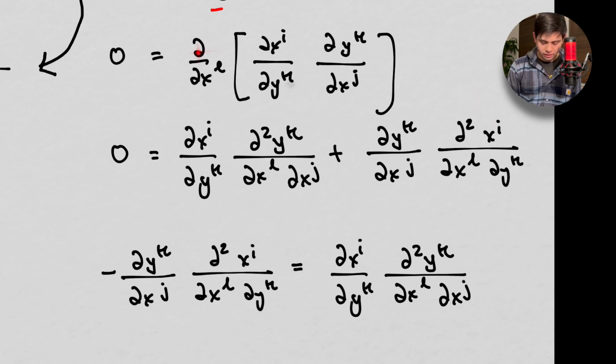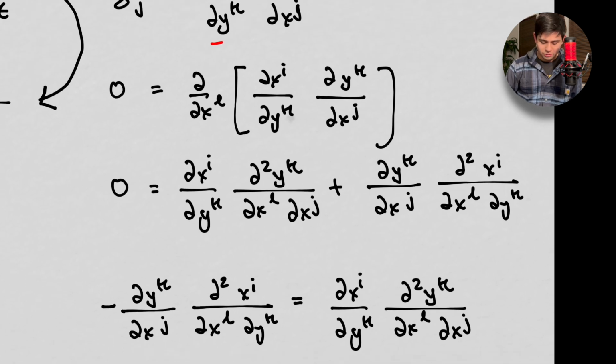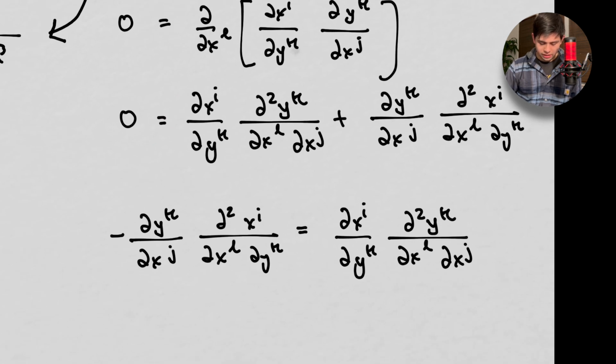Because this is, again, a product rule. I always get the names mixed up, product rule, chain rule. But this is one of those rules where we get this, and then just because this is equal to 0, we can subtract this from both sides. We get a minus on this side and a positive on this side.